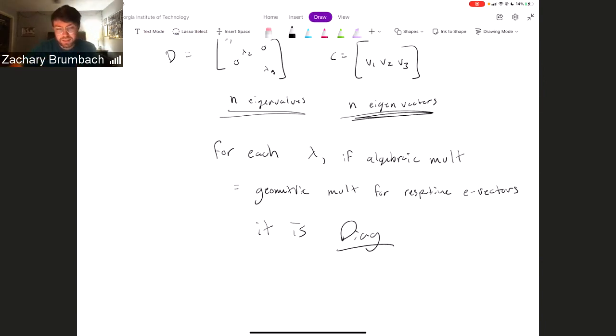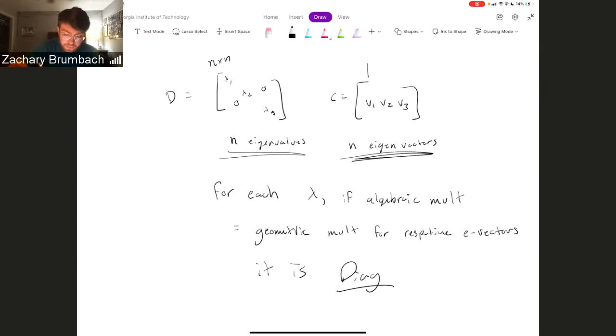Think about it: if you don't have enough eigenvectors, you can't fill up this matrix, and if you can't fill it up, you have no idea what it is.